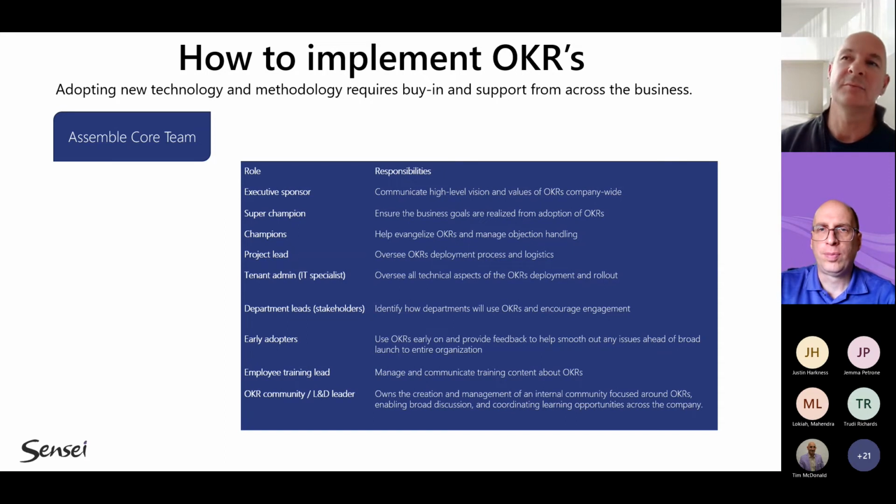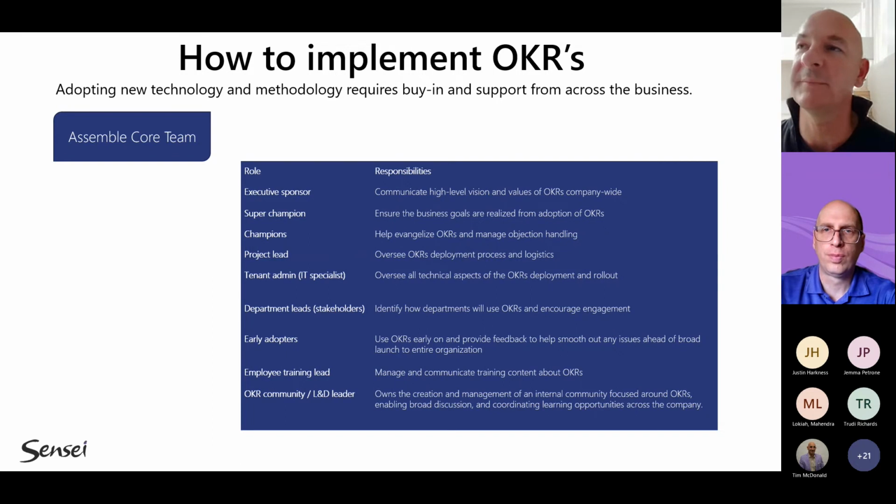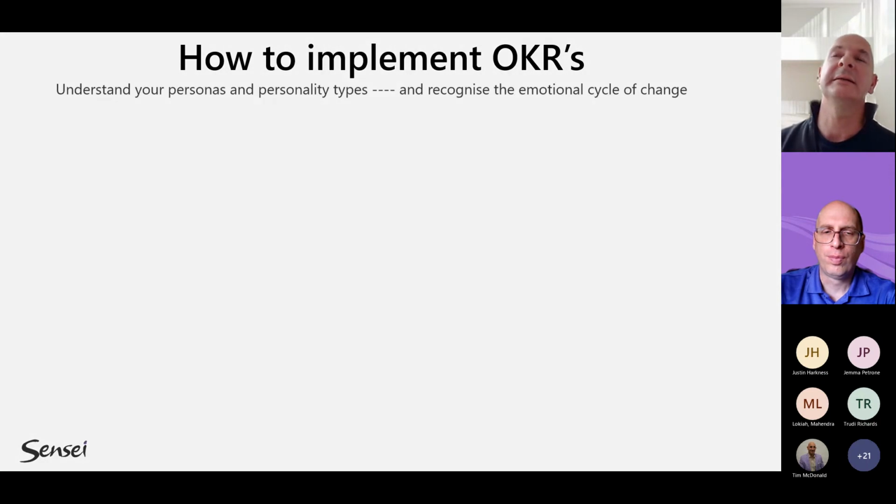As you can see, there are some champions, some super champions, project leads so that project managers understand how to use them, some departmental leads, maybe early adopters, employees that are training leads, and then an OKR community at a later stage. So you really can think about how to structure the ability to implement a very powerful capability of accomplishing these objectives.